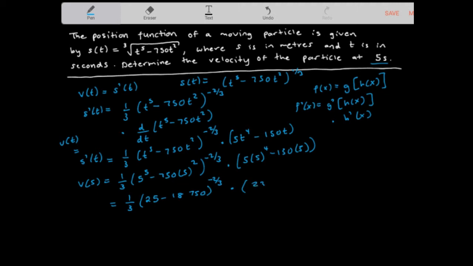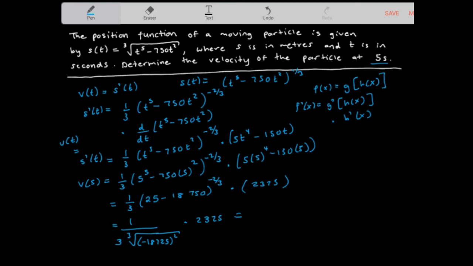So this is 2,375. And if you simplify this, 25 minus 18,750 is negative 18,725. So this is going to give you the cube root of negative 18,725 squared, times 2,375.